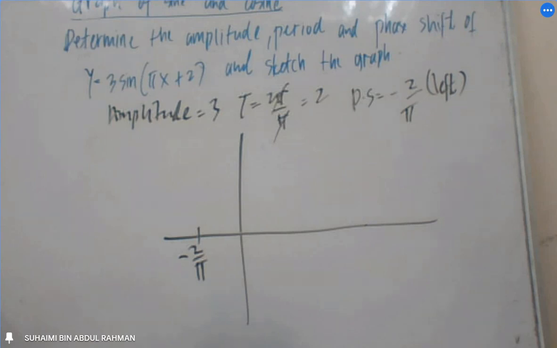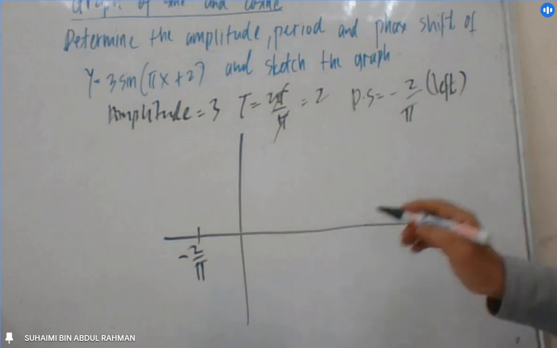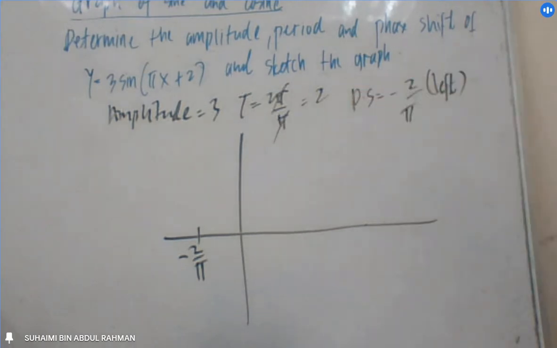Minus 2 over pi plus 2, because our period is 2.